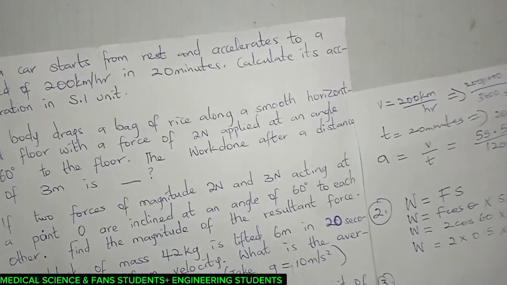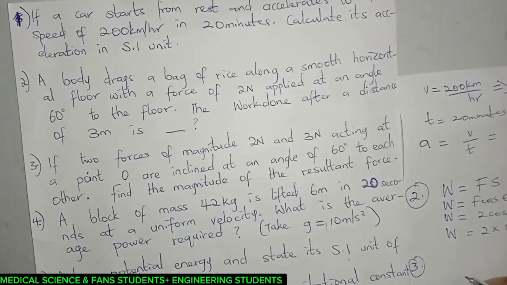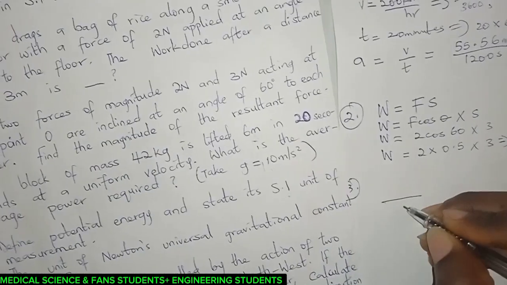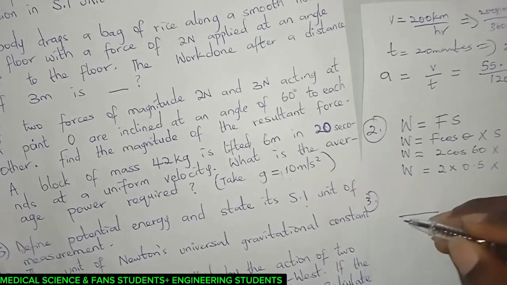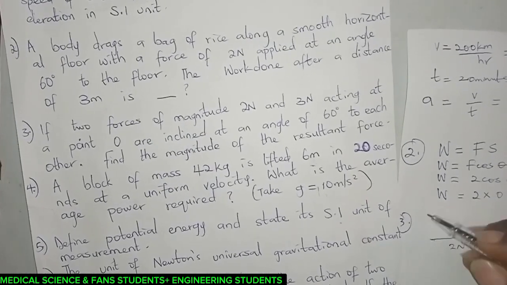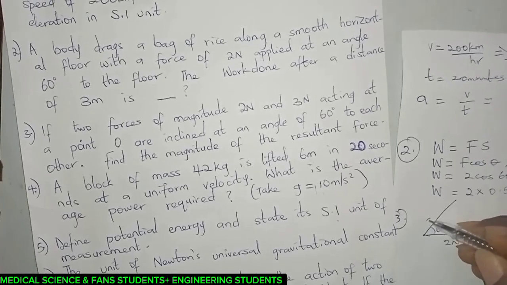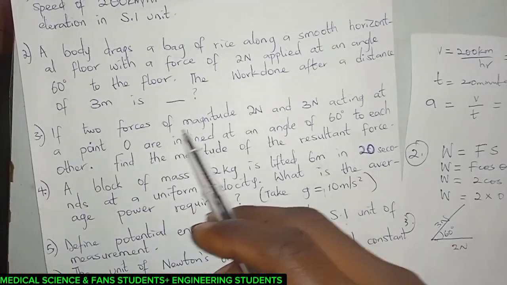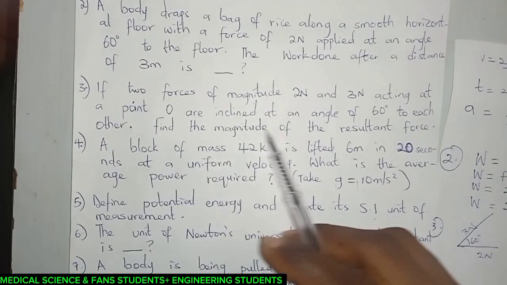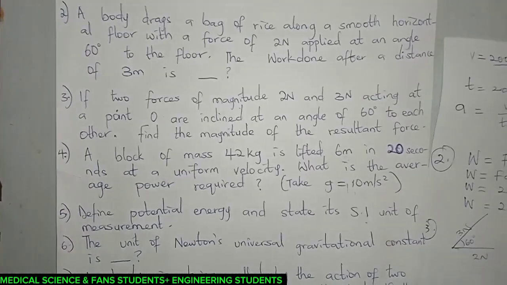Anytime you see this kind of question, know that x axis comes first. So I'll have 2 Newton, and it's happening at an angle. They are making an angle of 60 degrees. So I'll have 3 Newton. 2 Newton and 3 Newton are inclined at an angle of 60 degrees to each other. Find the magnitude of the resultant force.